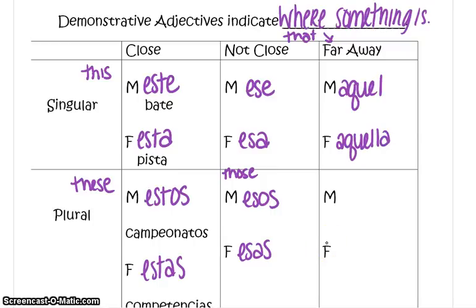The plural form would mean those, again, but those far away. So the masculine plural is aquellos. And the feminine plural is aquellas. So we might say aquellos campeonatos, those championships, or aquellas competencias, those competitions, but they're way over there.